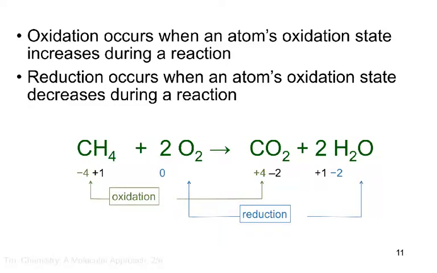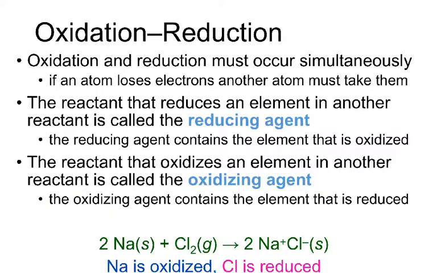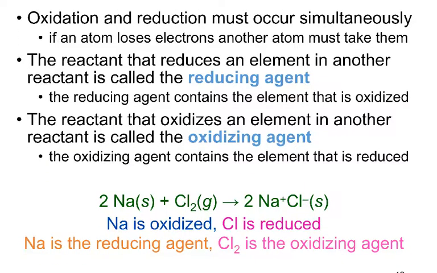Our oxygen went from a 0 to a -2, and so our oxygen was reduced because our oxidation state decreased. Oxidation and reduction need to occur simultaneously. The electrons need to go somewhere.